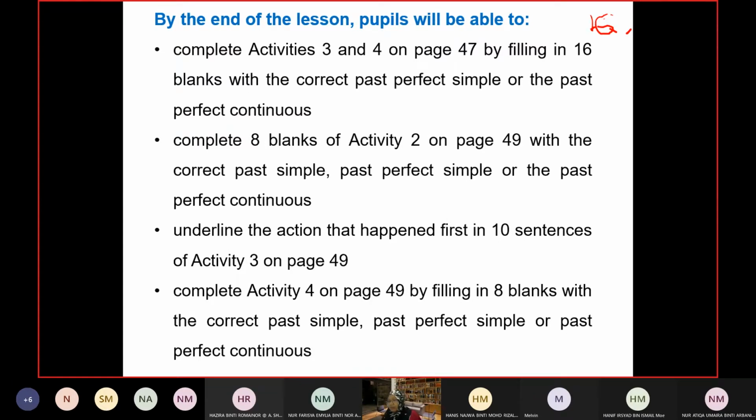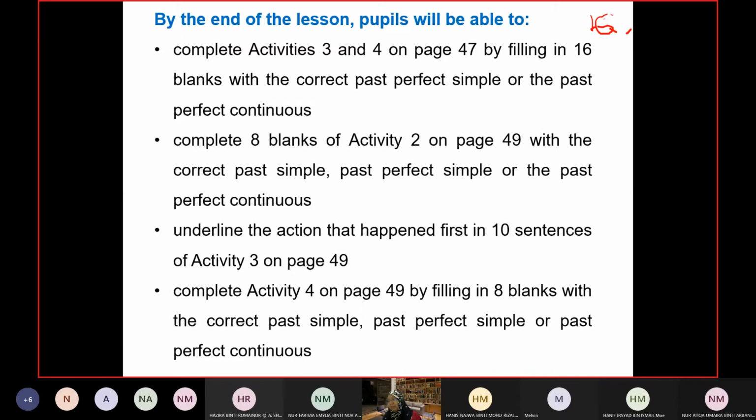All right, second one. An action that happened before another action in the past when we want to emphasize how long it happened for. Okey, ini pula perbuatan yang berlaku pada masa lepas di mana kita nak emphasize, menerangkan dengan lebih lanjut berapa lama perbuatan itu berlaku.